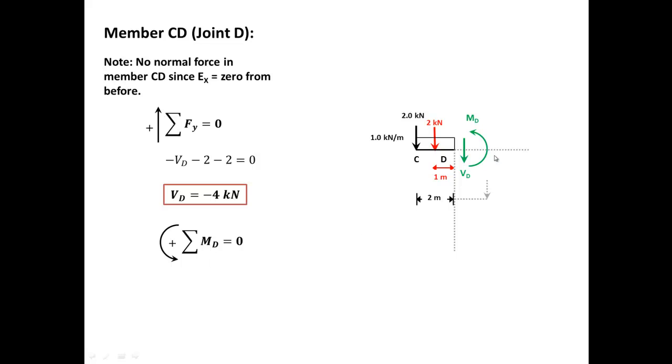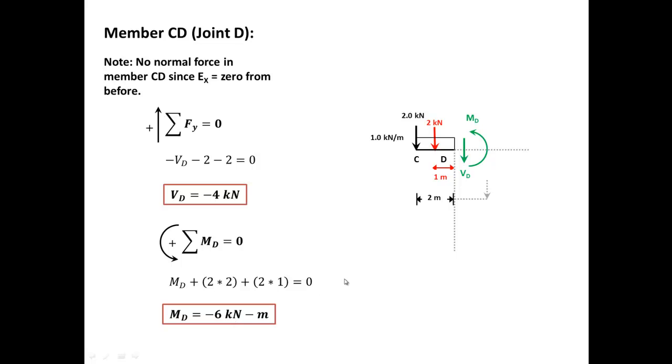Now let's do the summation of the moments about point D. I'll have MD, then I'll have 2 multiplied by 2, and it's going counterclockwise, so it's positive, and 2 multiplied by 1, same thing, counterclockwise, it's positive, should equal to 0, and I can solve for MD to be negative 6 kilonewton meters. To the left of joint D, just a little bit to the left of joint D, the shear force is negative 4 and the moment is negative 6.